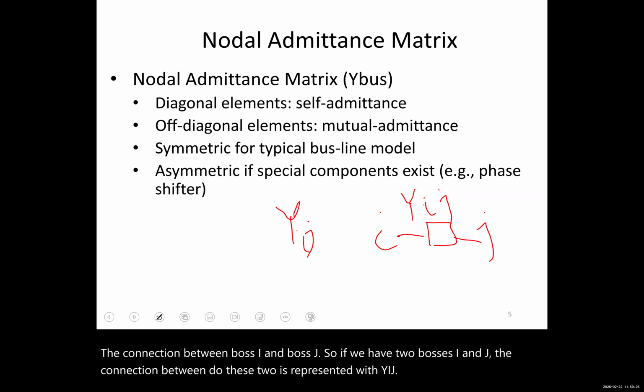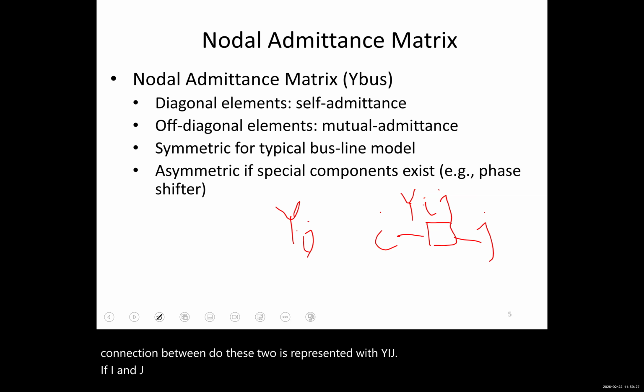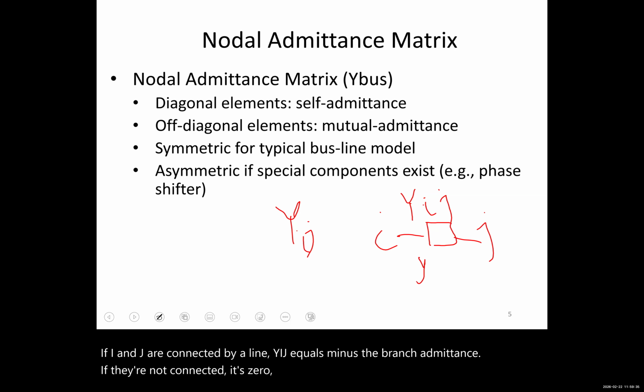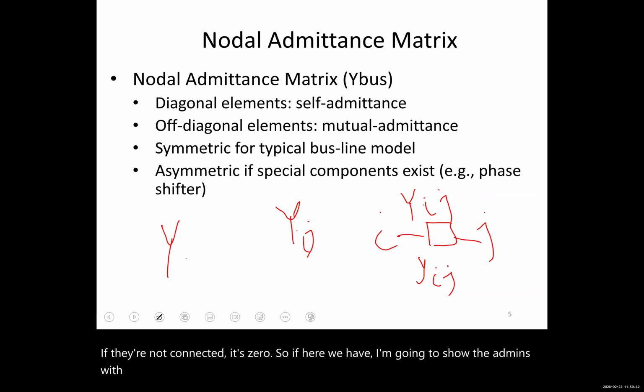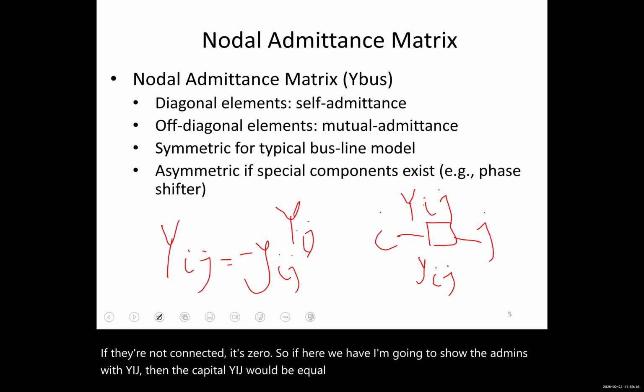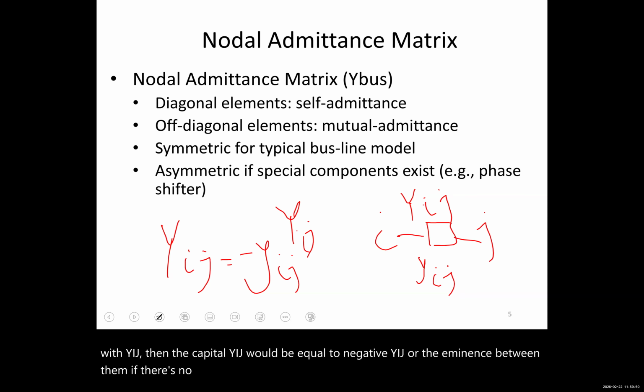If i and j are connected by a line, capital Yij equals minus the branch admittance. If they're not connected, it's 0. So if I show the branch admittance with lowercase yij, then capital Yij would be equal to negative yij, the admittance between them. If there's no admittance between them, it's going to be 0.